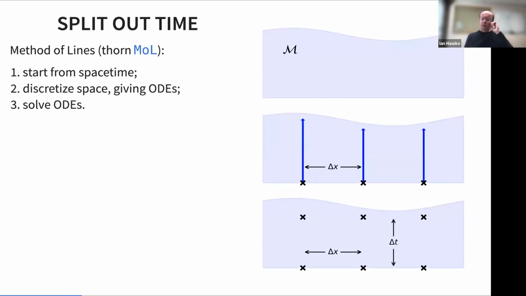Okay, so the first thing to discuss is how we actually tend to think about this very complicated system of multiple pieces of weakly coupled physics. The method that is now standard in the field is to do what's called a semi-discretization. That is, we take our system of partial differential equations and introduce some discretization in space, for example, a set of grid points separated by an evenly spaced spacing delta x, which is just a representative length scale.